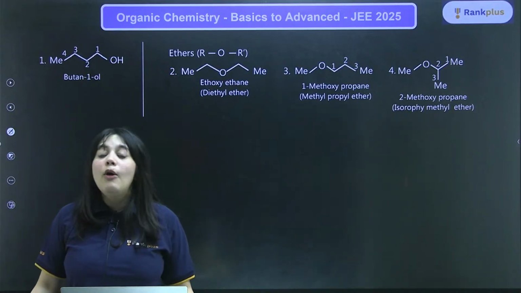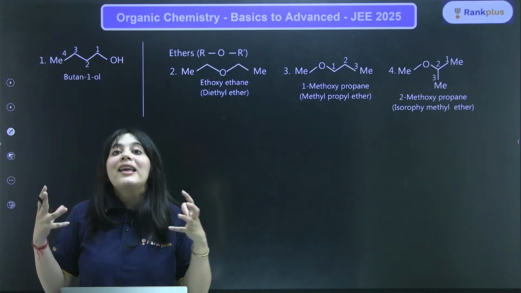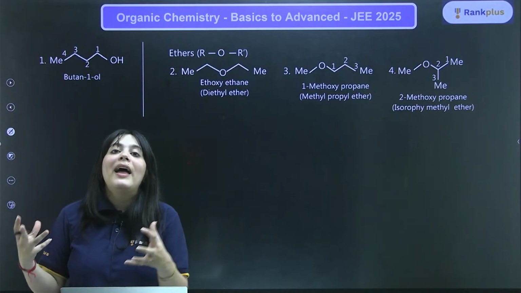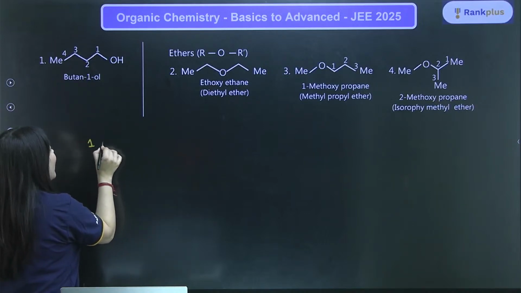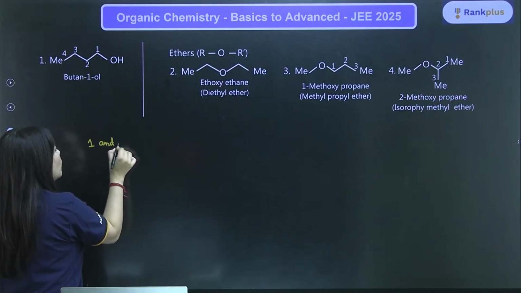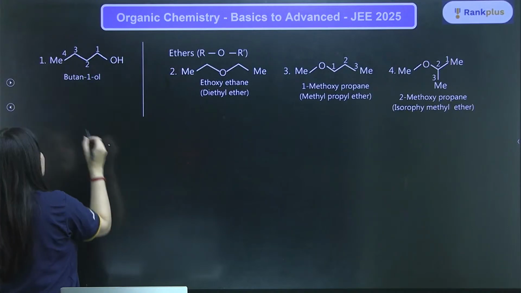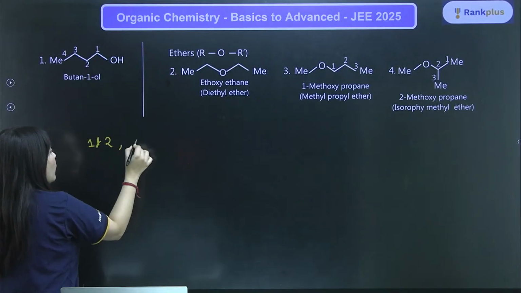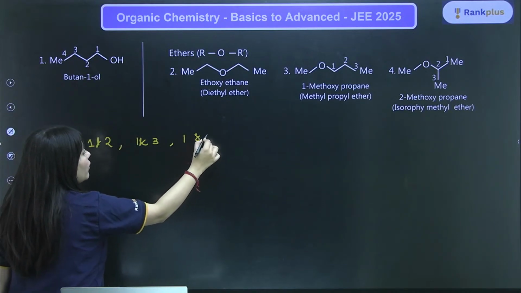My question to you is, what kind of isomerism is shown by these 4? For example, what kind of isomerism is shown by 1 and 2, 1 and 3, as well as 1 and 4?